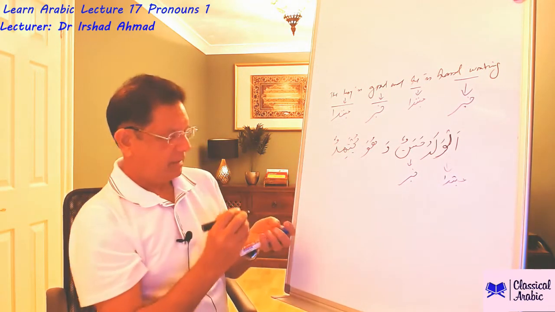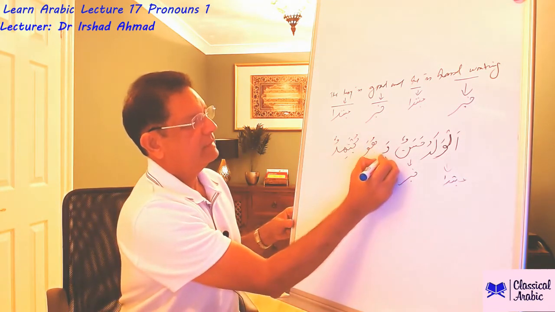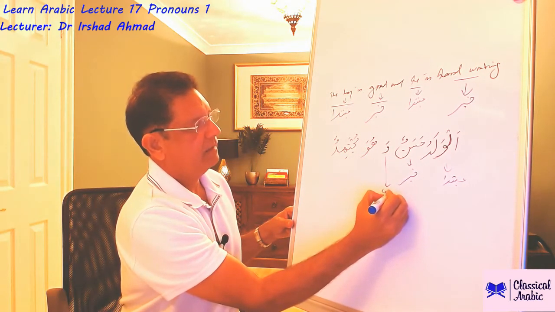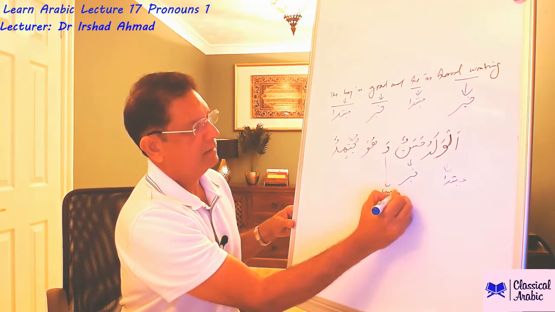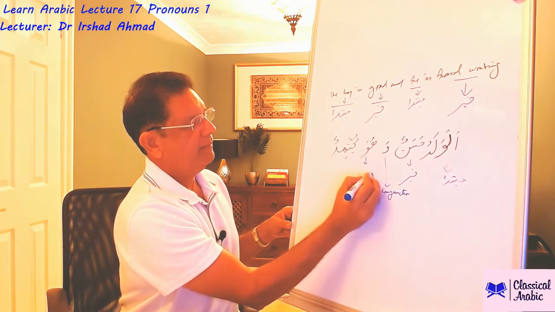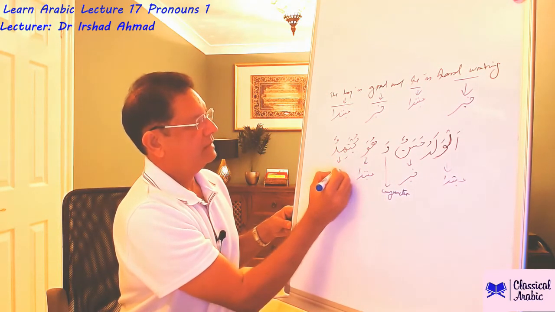So here we have waw as conjunction replacing "and", then we have mubtada huwa, and mujtahidun is khabar.